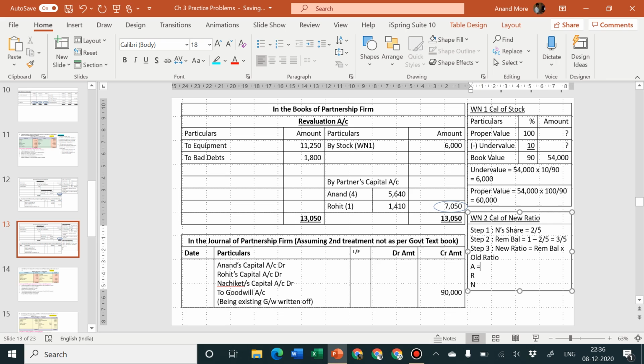Look at the ratio of Anand. Anand's old ratio was 4/5. Rohit's old ratio was 1/5. This 4/5 will have to be multiplied by the remaining balance. Remaining balance is 3/5. So 3/5 into 4/5, remaining balance into old ratio. Same is the case with this fellow, 3/5 into 1/5.